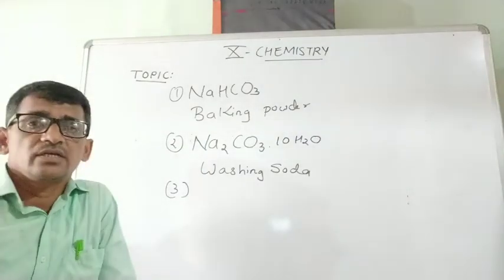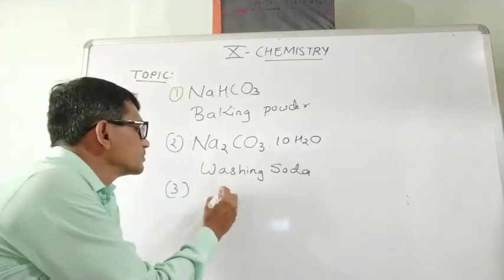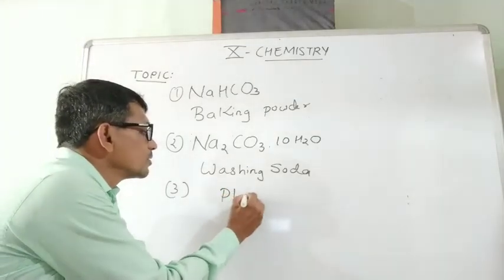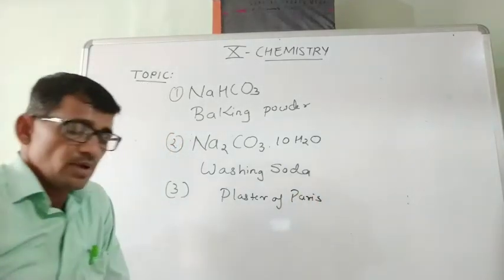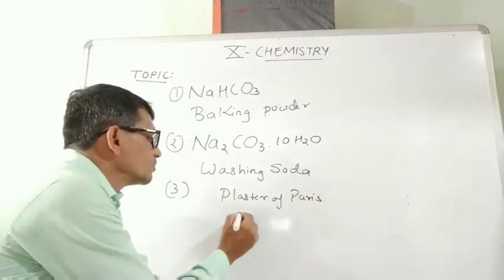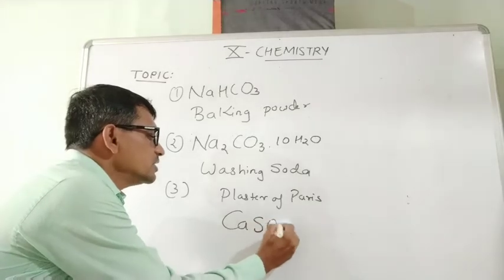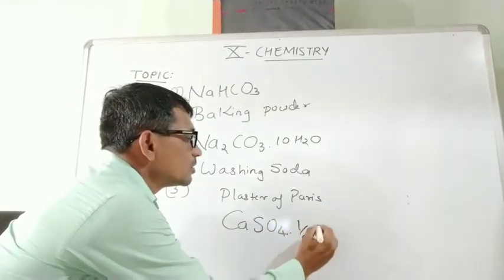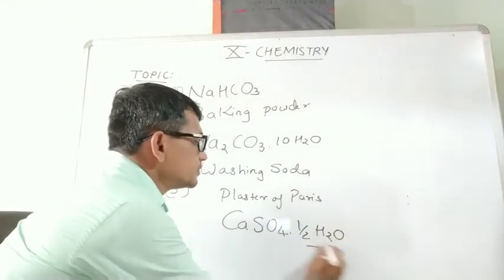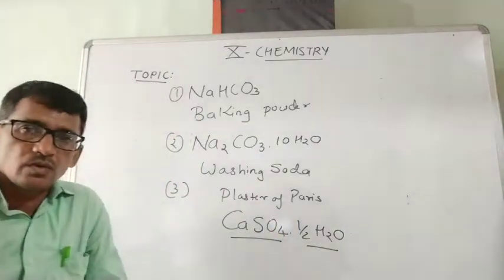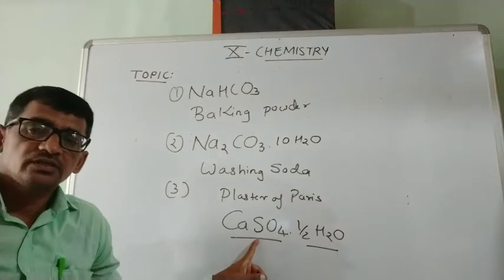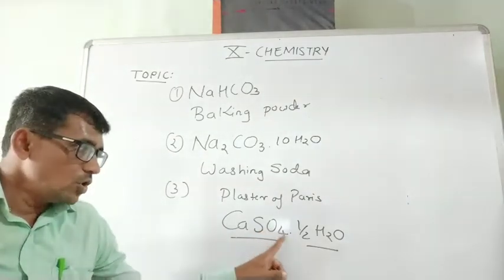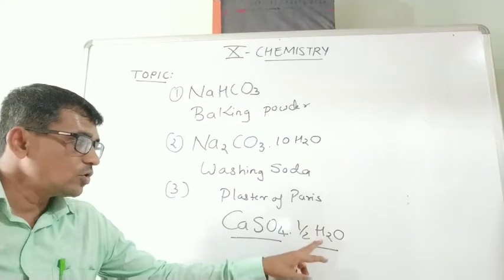The third one we discussed is plaster of Paris. The plaster of Paris formula is CaSO4 dot half H2O. I revise the formula again: CaSO4 is calcium sulfate, dot half H2O, the water of crystallization.